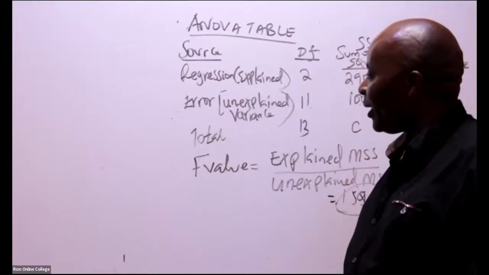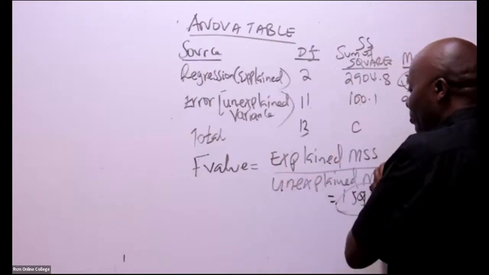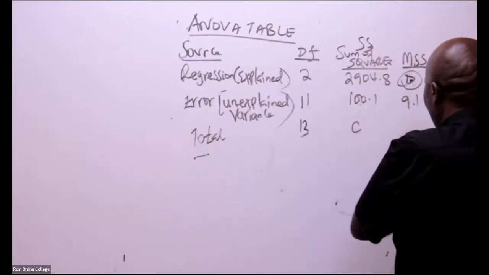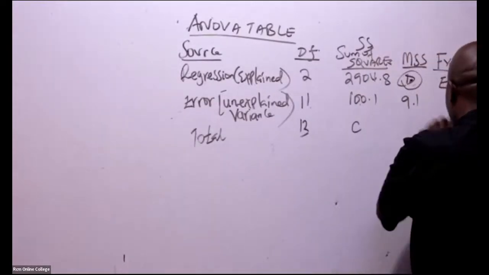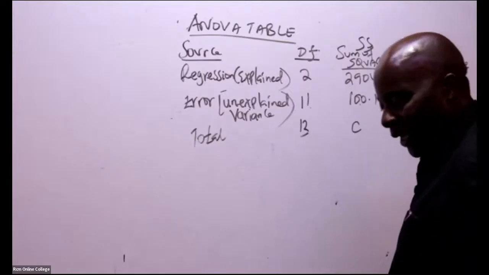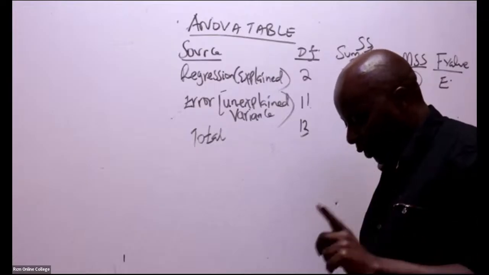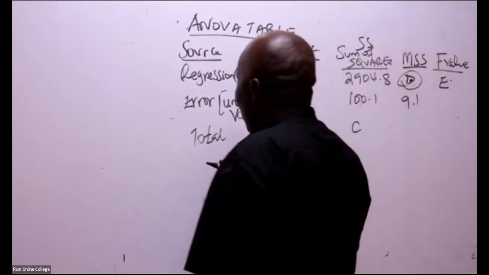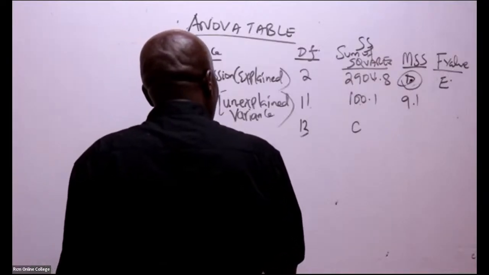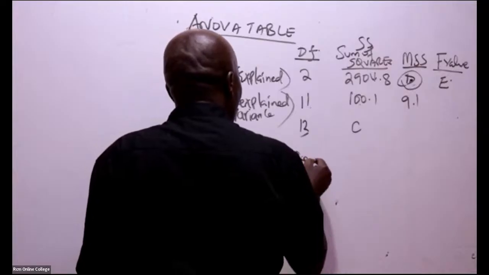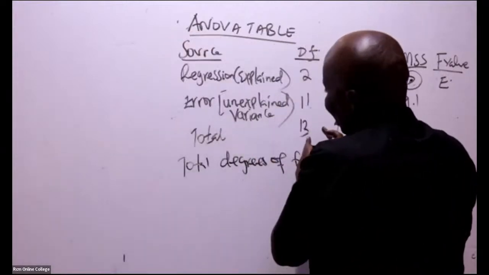Now, ladies and gentlemen, the other thing I would want us to appreciate from the word go is this. We have two types of degrees of freedom for your analysis, although actually there are three. We have total degrees of freedom, which you can see is 13.